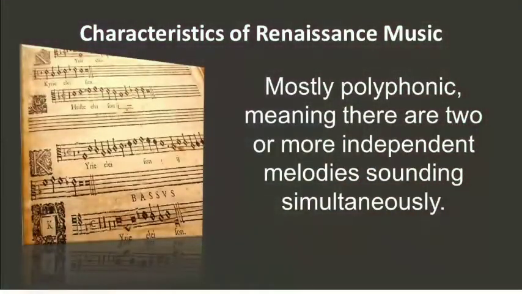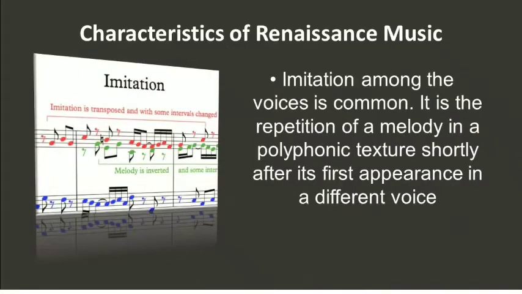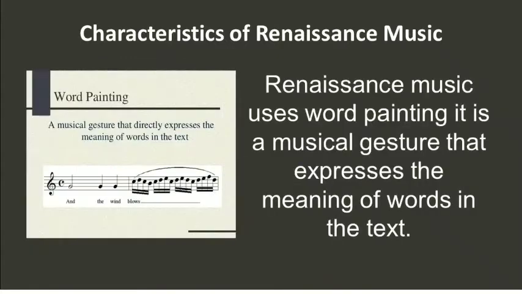Here are the characteristics of Renaissance music. First, Renaissance music is mostly polyphonic, meaning there are two or more independent melodies sounding simultaneously. Imitation is also common in Renaissance music. It is the repetition of a melody in a polyphonic texture shortly after its first appearance in different voices.